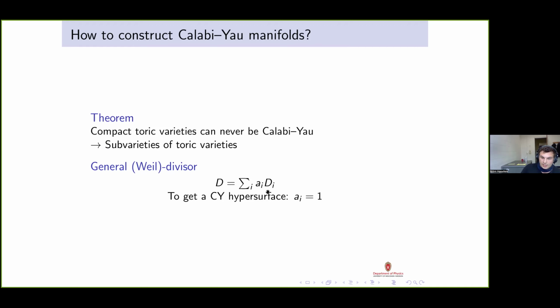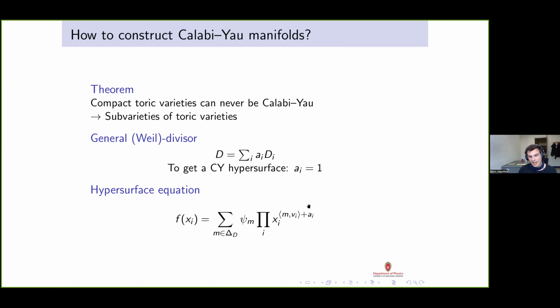There's another theorem that tells you that if you want to get a Calabi-Yau hypersurface, you have to set all the coefficients here to 1. Okay, that's a theorem. Furthermore, what you can do is understand this corresponding hypersurface, this divisor here, in terms of a hypersurface equation. So you can write down a polynomial equation in our homogeneous coordinates x_i, and setting this to 0 gives us the submanifold that we are after.